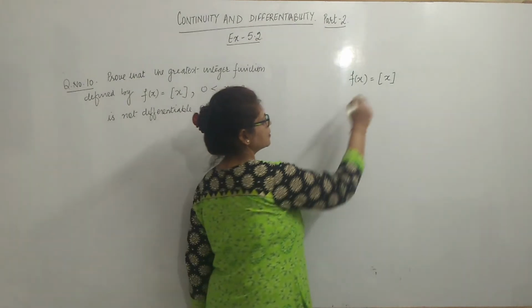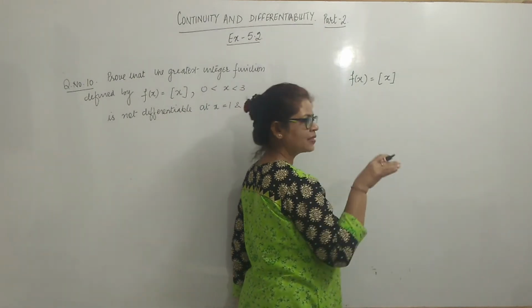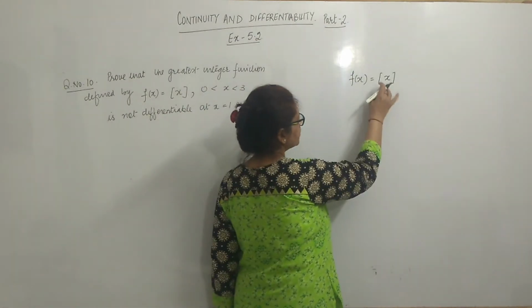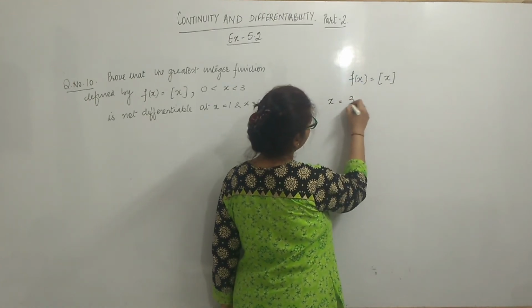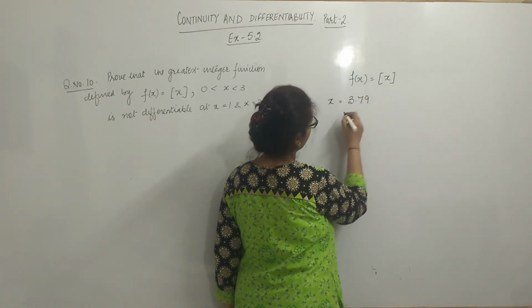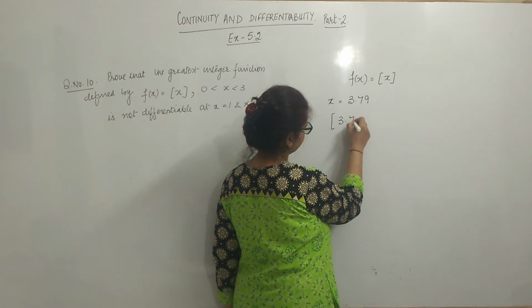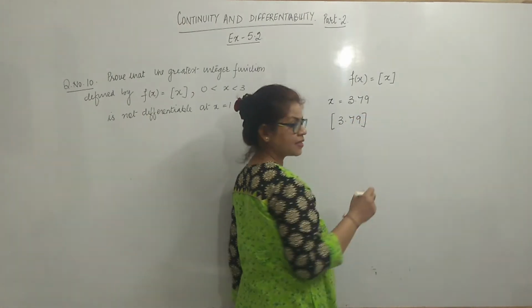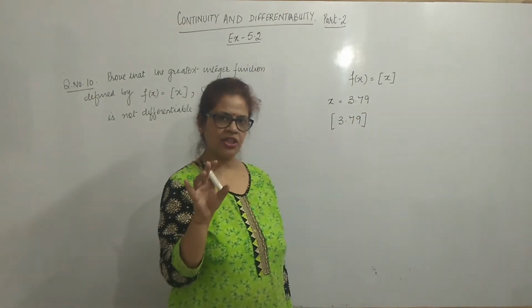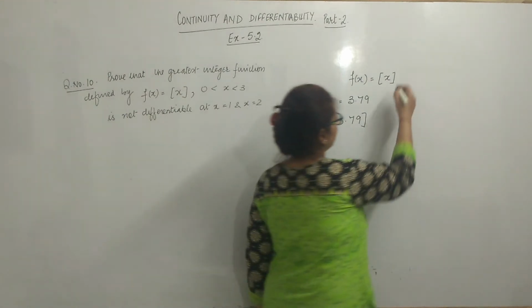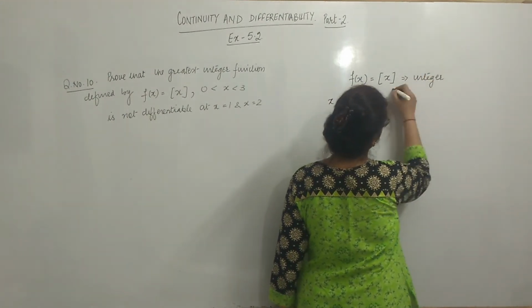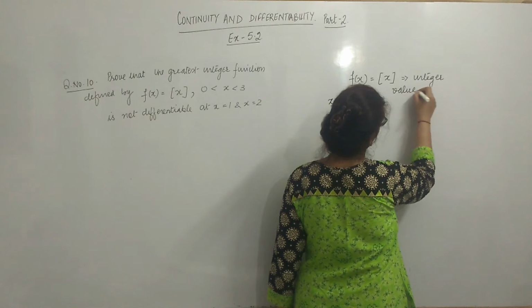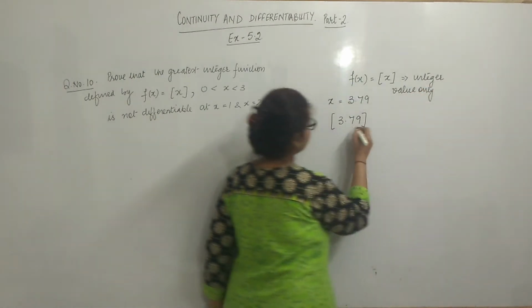If some value of x is put in this bracket, what will happen? Look, if x is equal to 3.79, then as the name suggests, greatest integer function, it will give you integer value only.